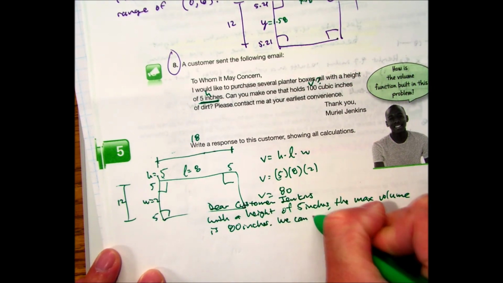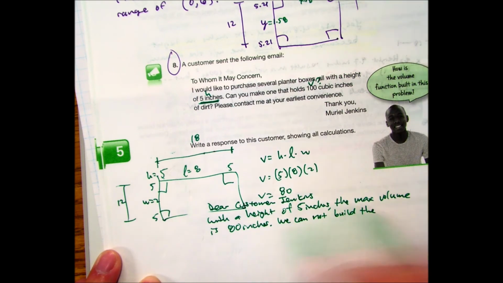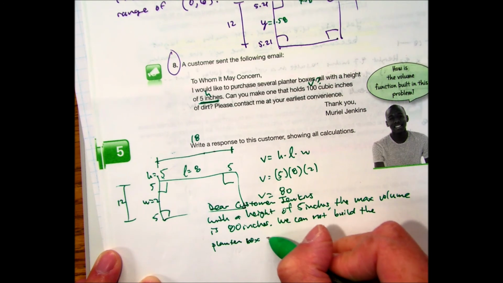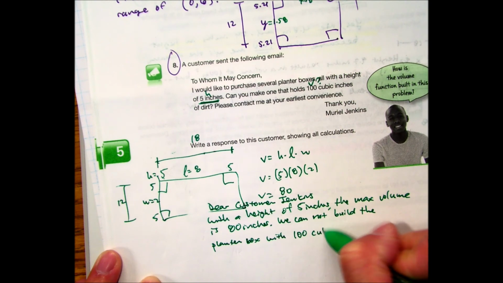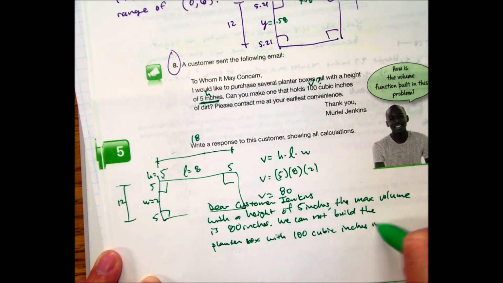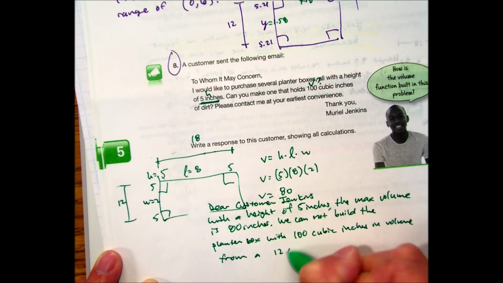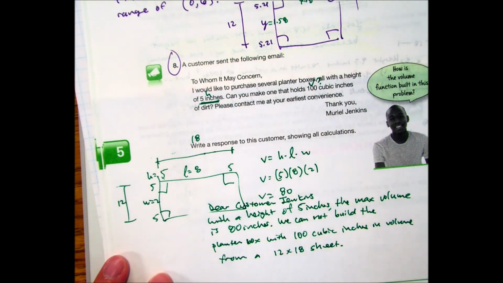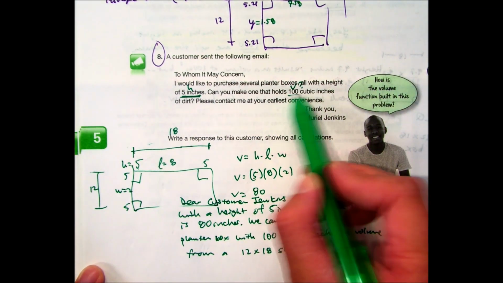We cannot build the planter box with 100 cubic inches in volume from a 12 by 18 sheet. Right? Because we're saying max 80 and she wants 100, so it's not possible.